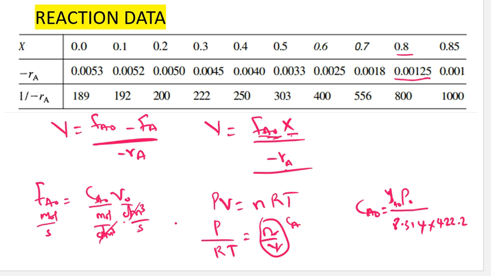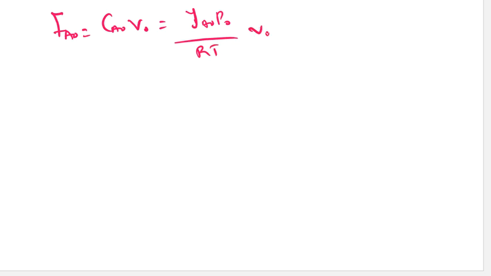So once we know all this, we can calculate our CA naught, and after we get our CA naught, we can then get our FA naught. FA naught is equal to CA naught times V naught, which is YA naught P naught over RT times V naught.